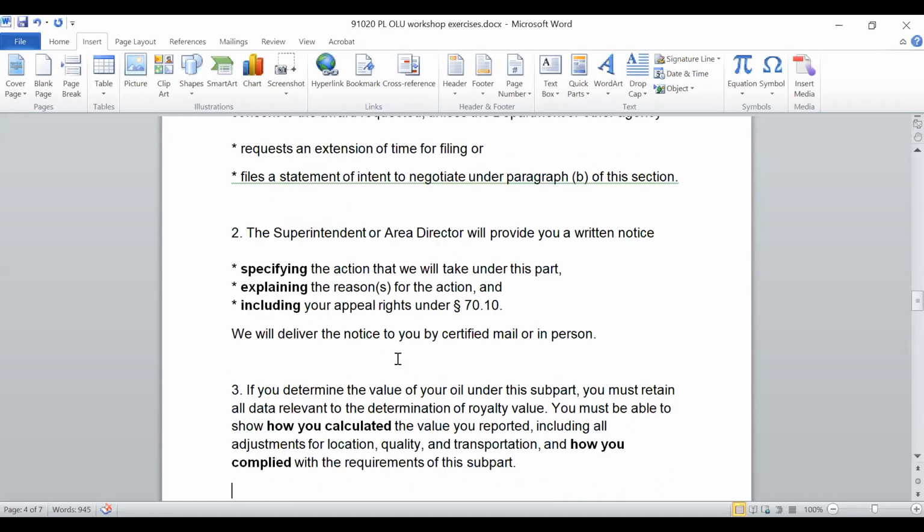The superintendent or area director? I believe so, yeah. Well, that's fine. You could make that specifies, but you'd also have to say explains and includes. That's the thing. If you make a change when things are parallel, you do have to fix everything else to make them stay parallel.